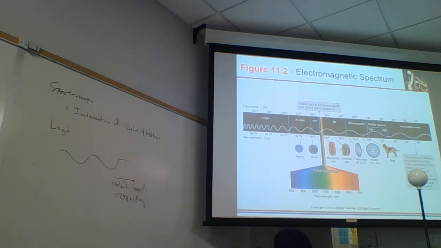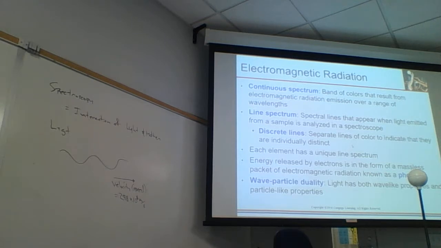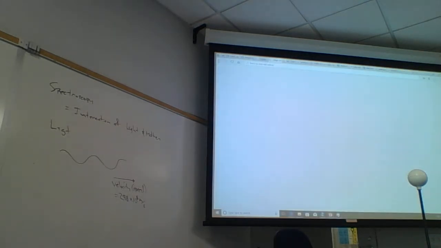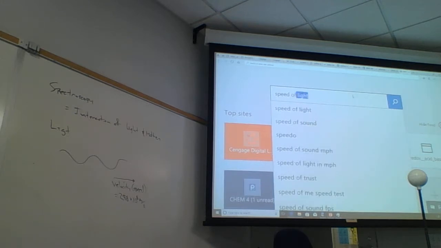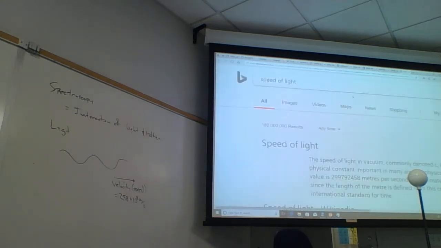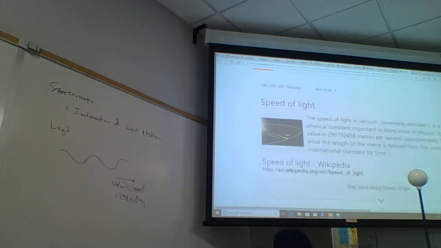Actually, it's been a while since I used that. Let's look at the speed of light. I'm looking for a little bit more than 2 sig figs. We want 3 sig figs. It's 2.998 times 10 to the 8 meters per second.